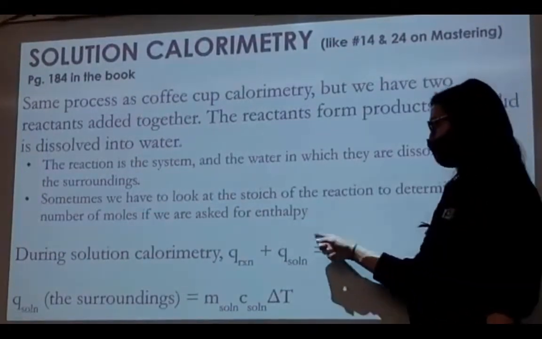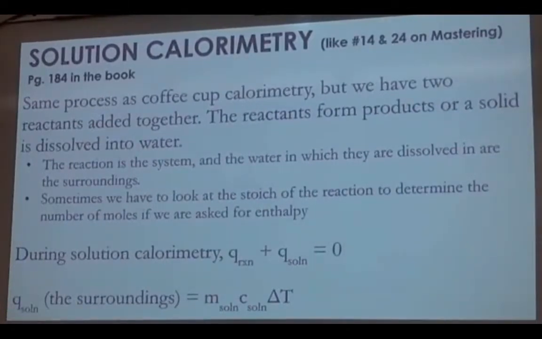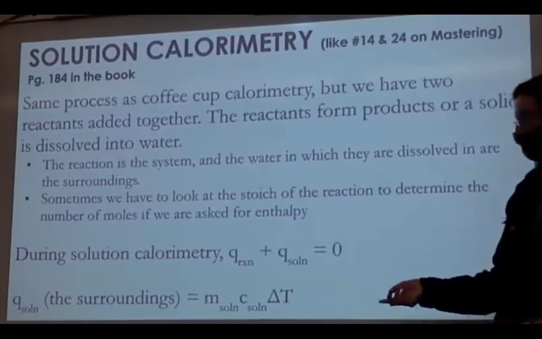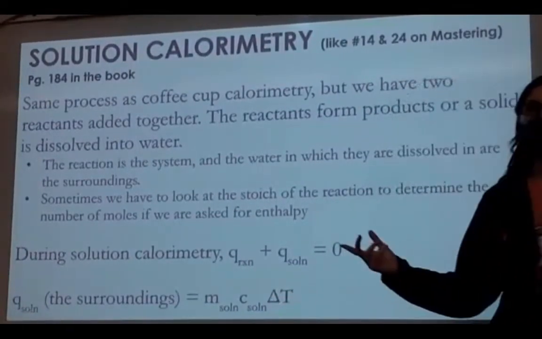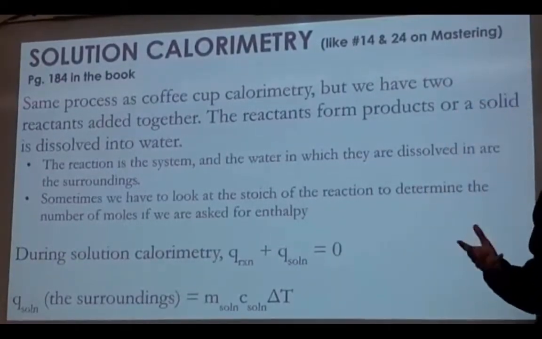For Q solution, when we plug values in, it's still MC delta T. But M is the mass of the entire solution. C is the specific heat of the solution, which is typically the specific heat of water. And then delta T is what delta T usually is. Delta T is usually the same for everything.